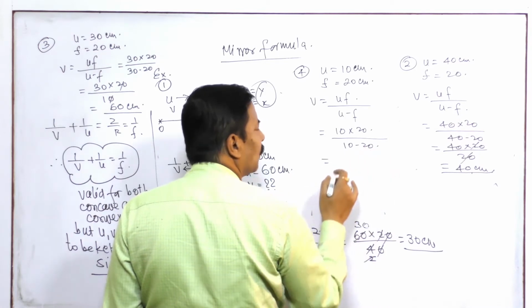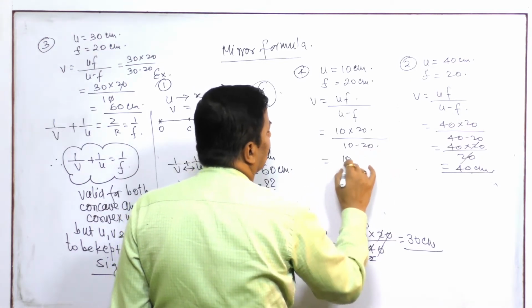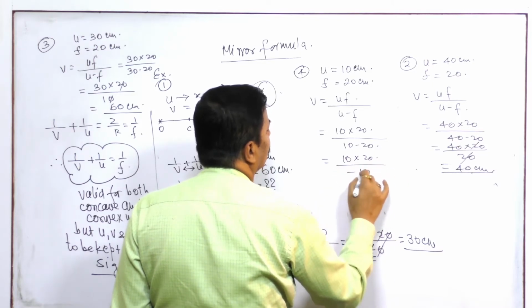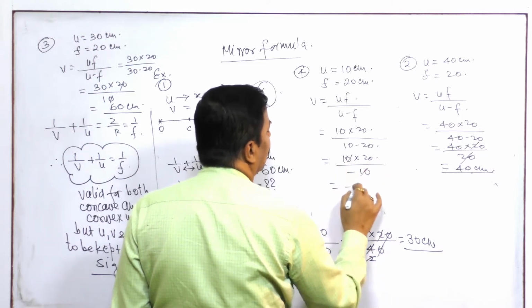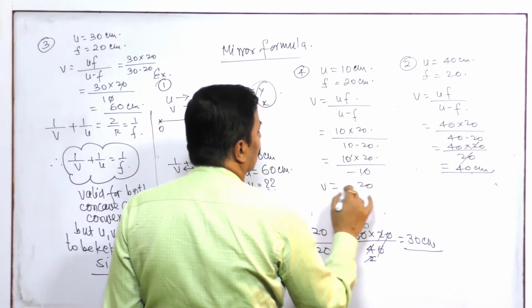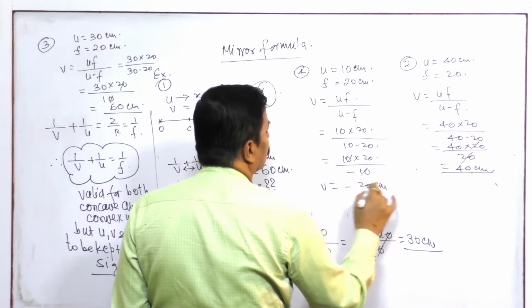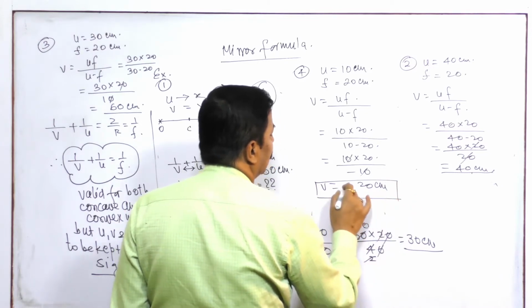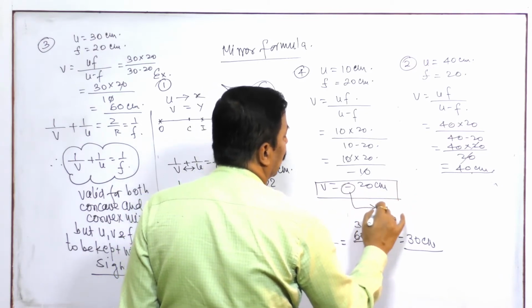That means you are getting 10 into 20 by minus 10. This will cancel. Minus 20 is your answer. V is equal to minus 20. What does it mean? Minus sign represents a virtual image.